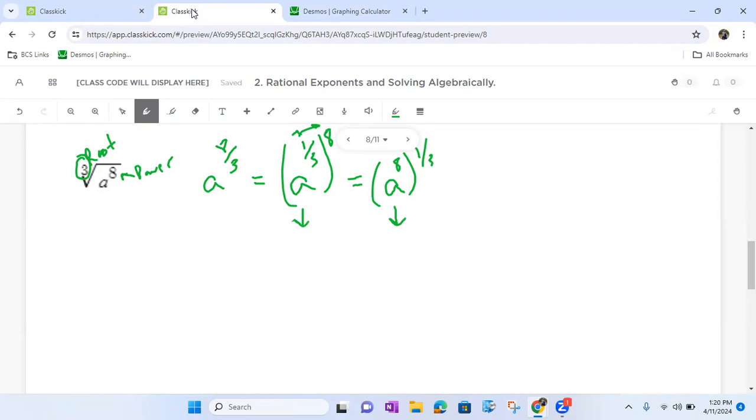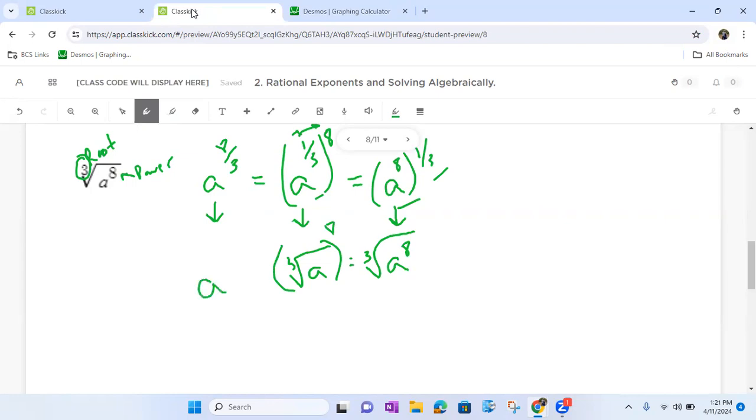You can tell there are 6 different ways we can do this. I'm going to start over here with the 8th power, a to the 8th. The root is 1/3, so I'm going to write cube root. I've got that in the opposite direction for this one. I'm going to start with finding the cube root of a, and then I'm going to put the 8th power. That means the same thing.